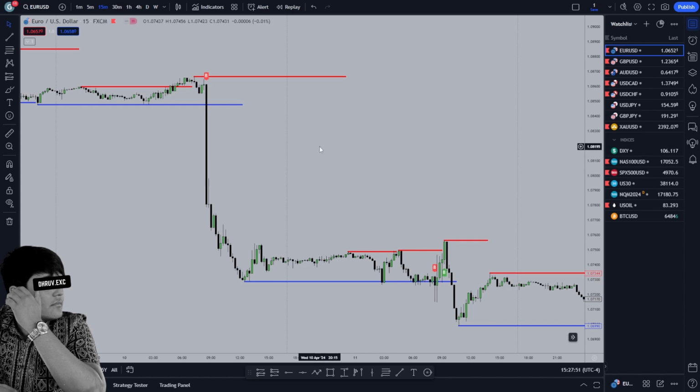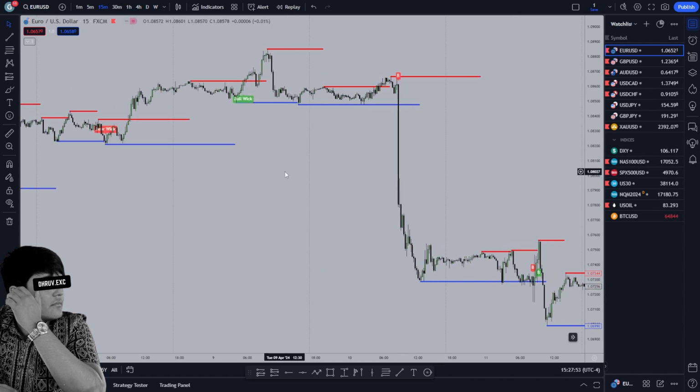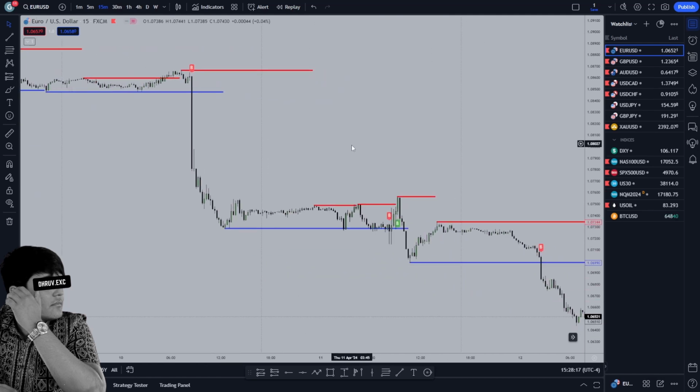Okay, so now everybody says that I want to use this indicator or I want to use that indicator, but I should say that you should use this indicator. And the thing which I'm about to tell you, how to trade with this indicator, it will help you a lot. It will help you to find out liquidity, to understand the narrative of a retail trader and of a professional trader.